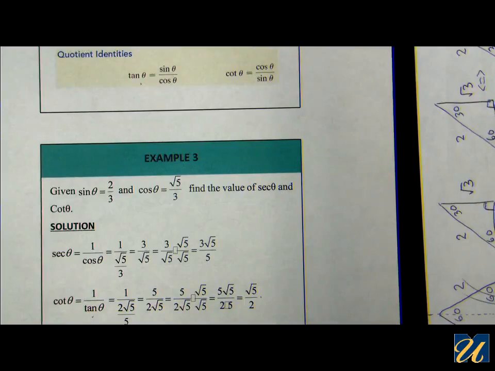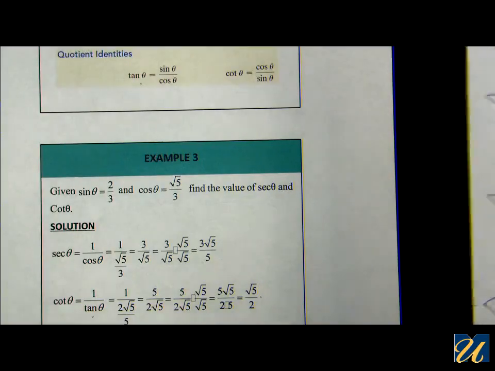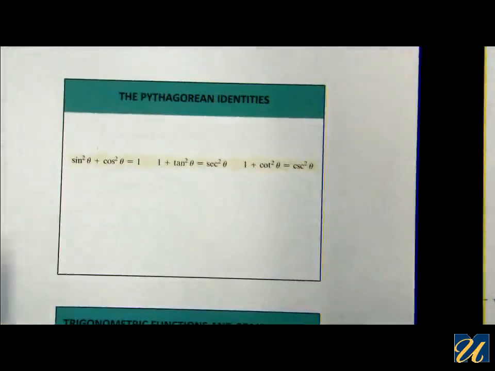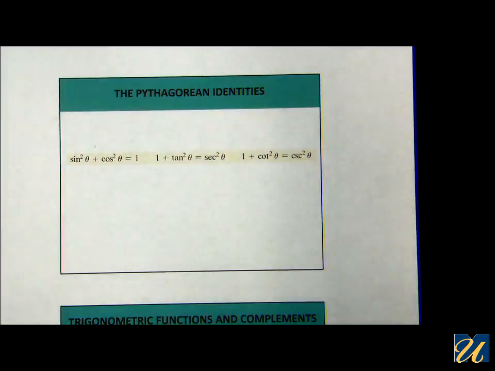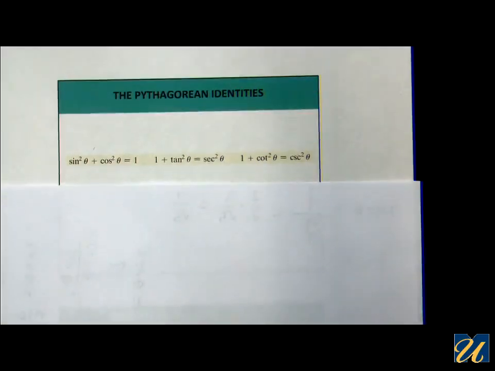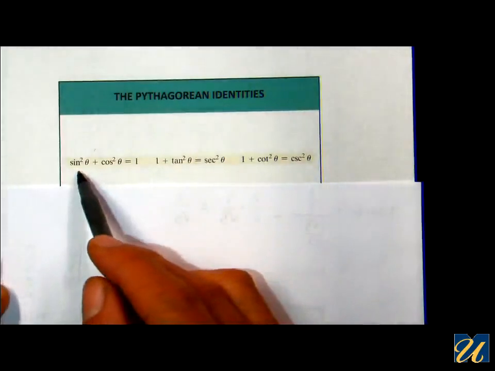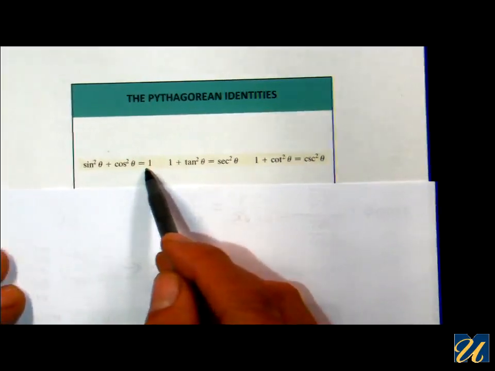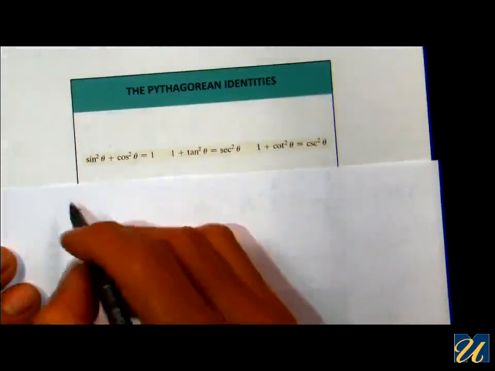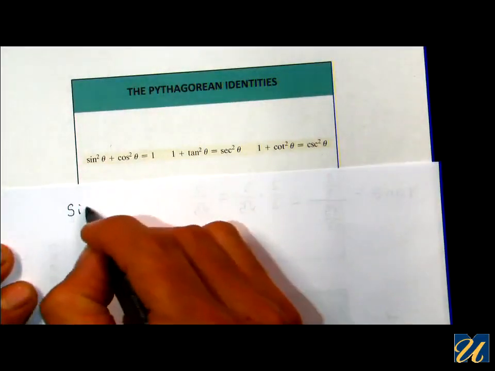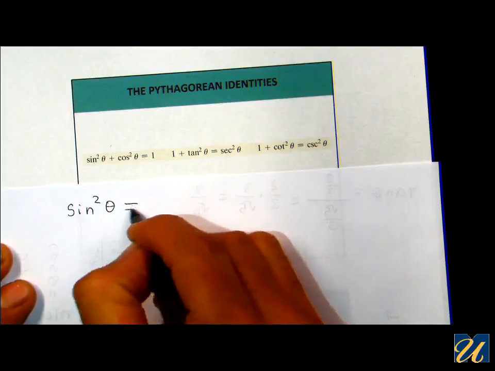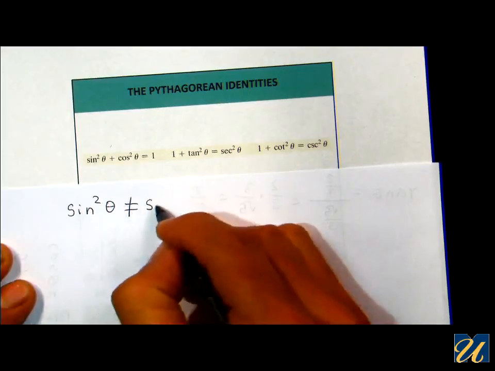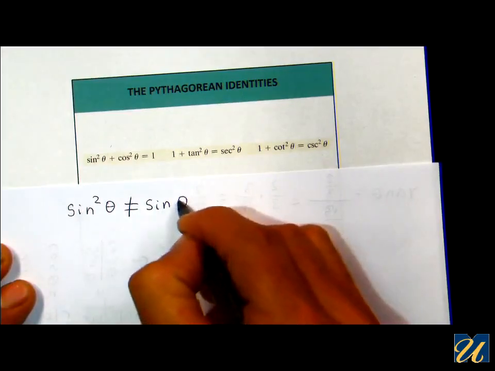Let's take a look at some fundamental identities that are used in trigonometry. The Pythagorean identities are very important, and they come up all the time in trigonometry. Sine squared plus cosine squared is 1. Note that when we write sine squared of the angle, we do not mean the sine of the angle squared.